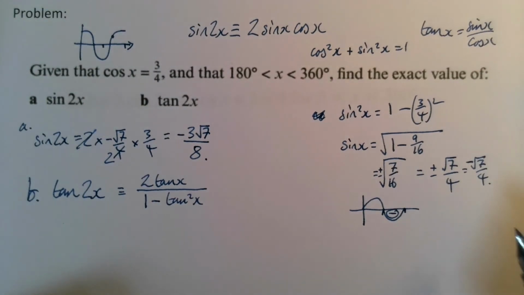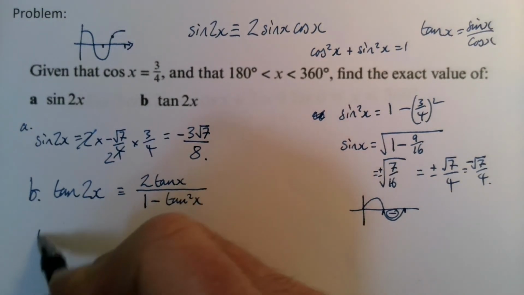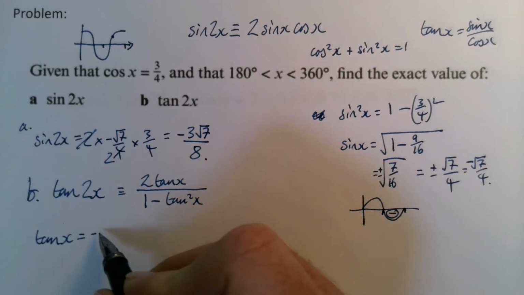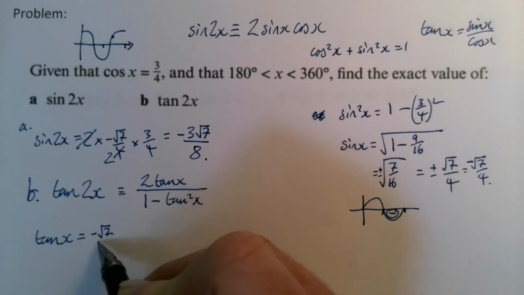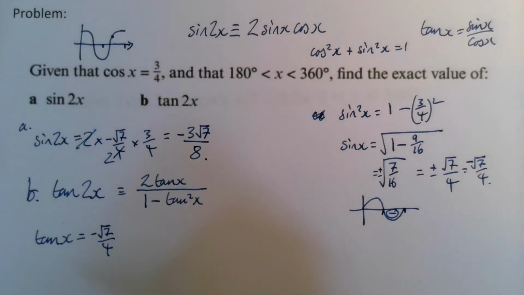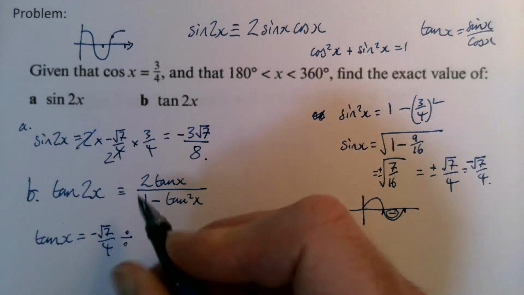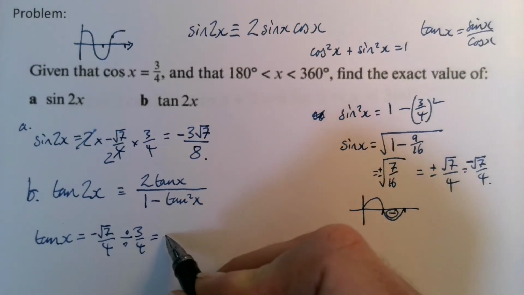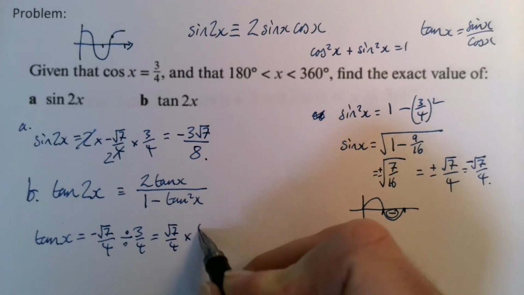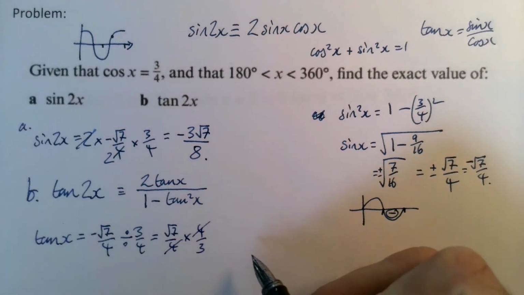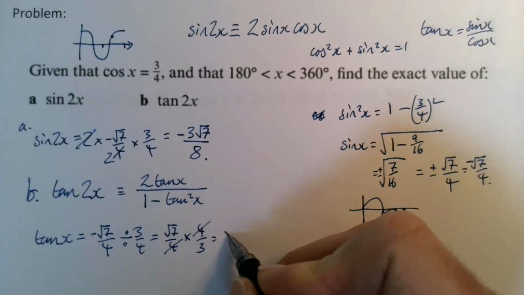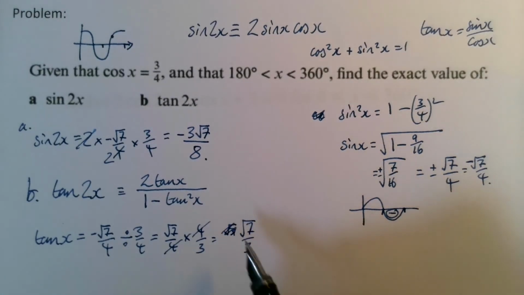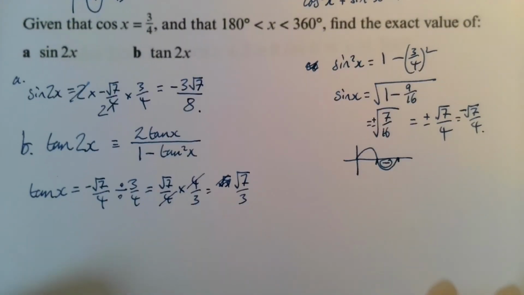And we now know that sine x is negative √7/4, and we're dividing that by cos x, which we know is 3/4. So that's going to be the same as negative √7/4 times 4/3. Oh, that's nice, they cancel. So tan x is √7/3.